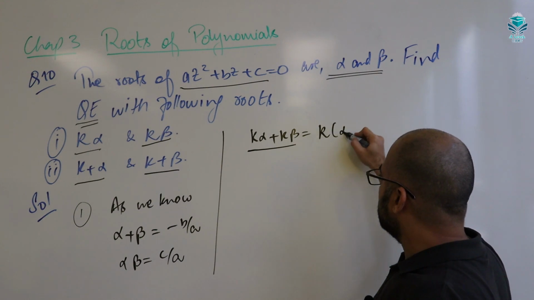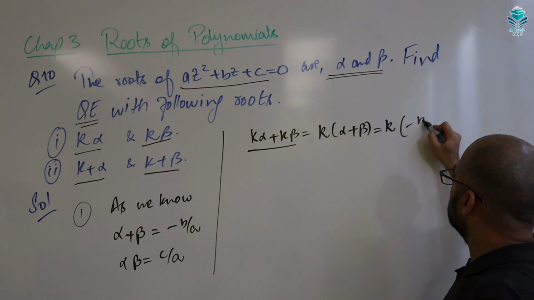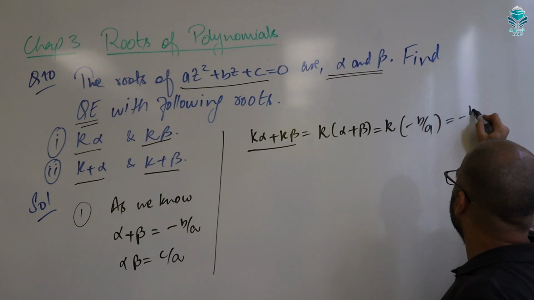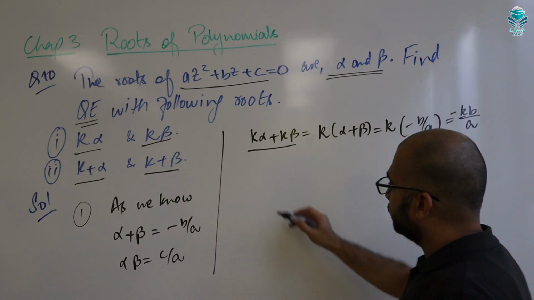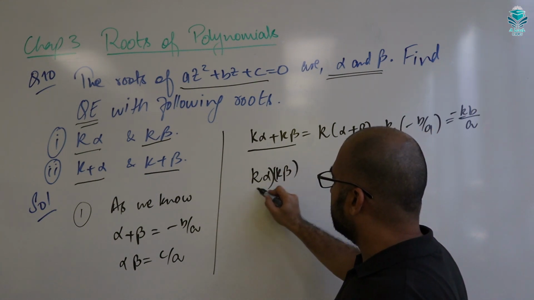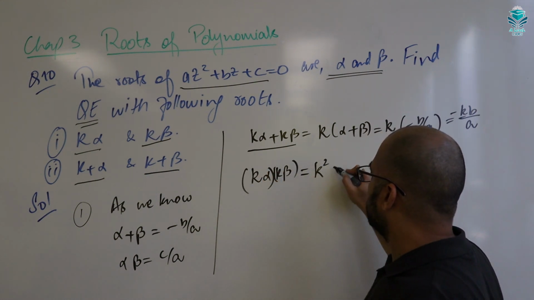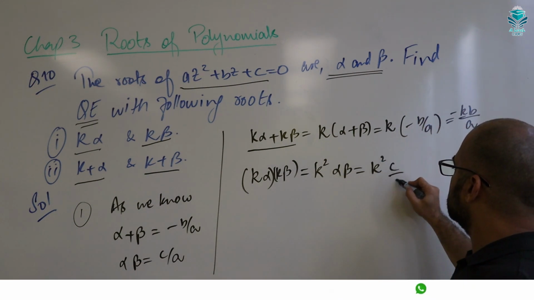You can take k common and you have alpha plus beta. What is alpha plus beta? It is minus b over a. So you have minus kb over a. And for the product of the roots of the required polynomial, we have k square alpha beta, and k square as it is, c by a.